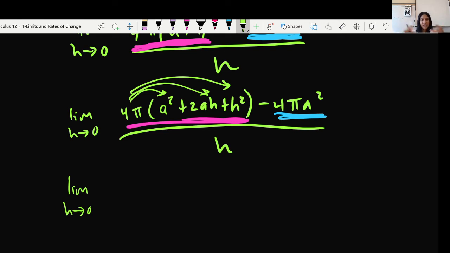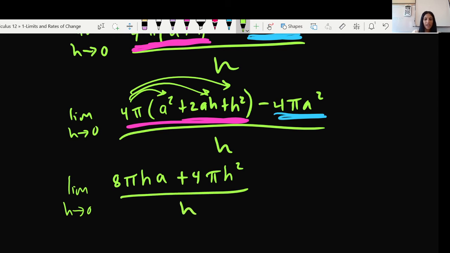When you do that and start to simplify things out, you're going to hit a point where you get 8 pi ha plus 4 pi h squared all over h. You'll notice when you go and distribute and expand this out, the 4 pi a squared, they're going to cancel. So that helps you to see where this comes from.